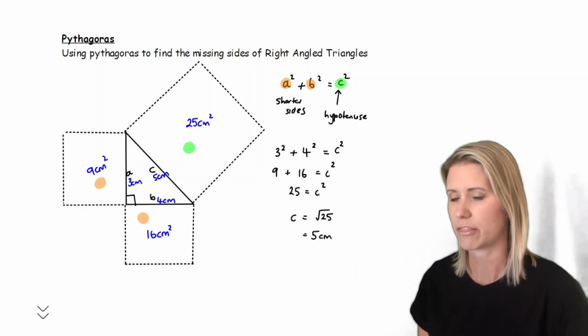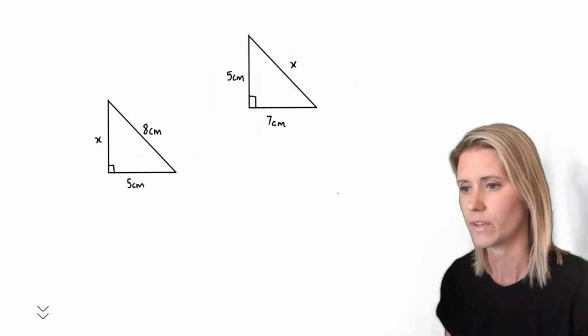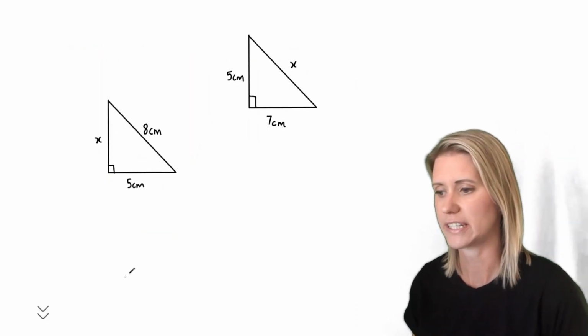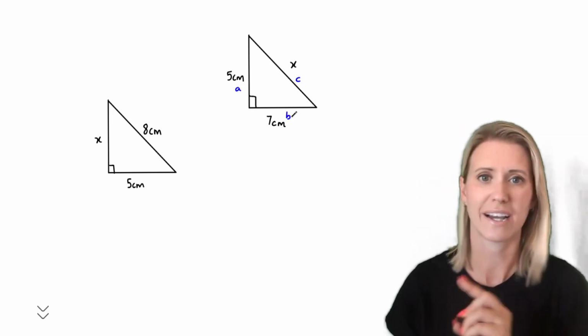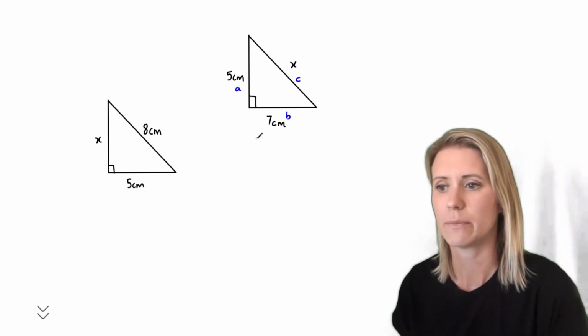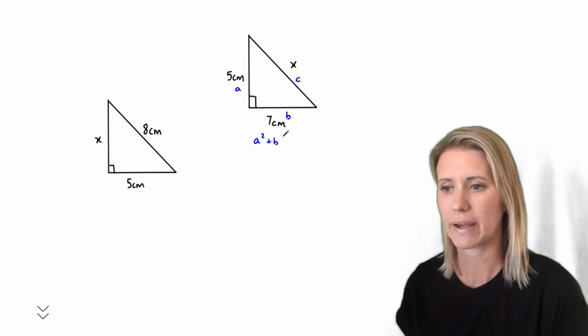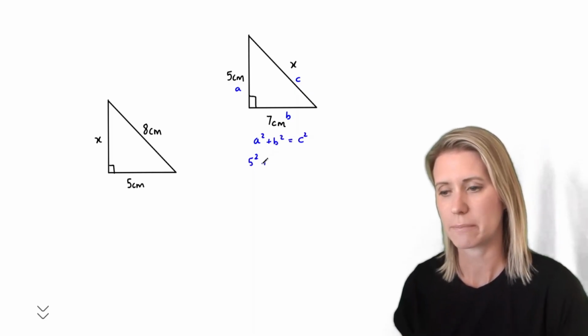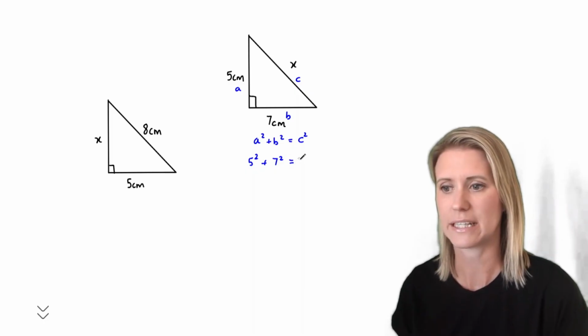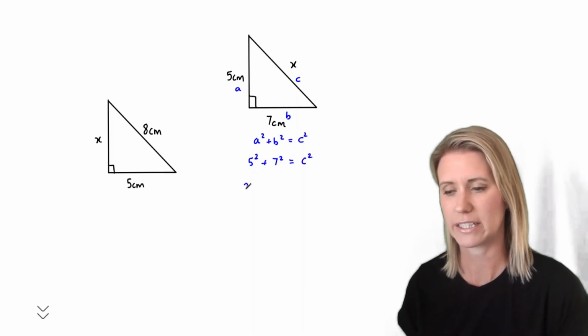Okay, let's move on then through some questions. So trying to find the hypotenuse again, that's our C, the longest side. A and B, the two shorter sides, can be in any order. So we know that A squared plus B squared is equal to C squared. 5 squared plus 7 squared is equal to C squared. 5 squared is 25.